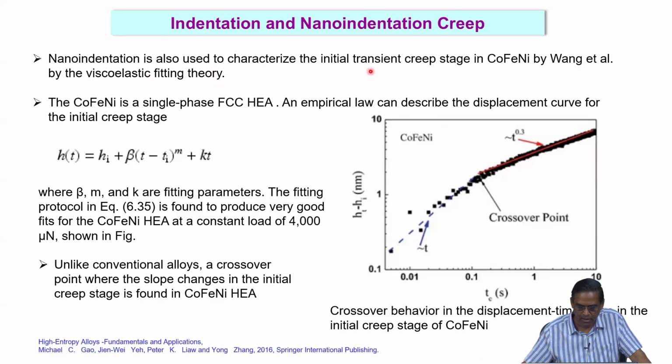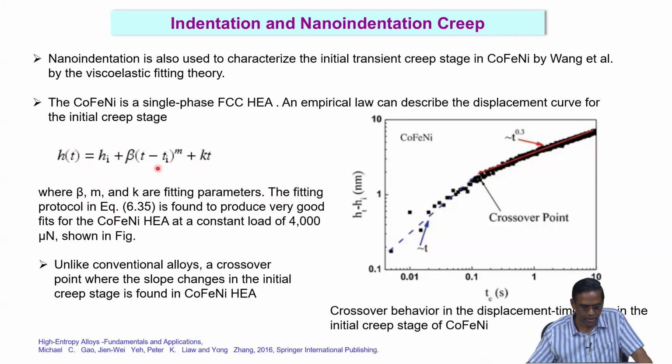So this is one way of looking at this data, like nanoindentation, the initial transient creep stage of any alloy. In this case, what we are showing is by Wang et al., what they have found. It's a viscoelastic fitting theory for high entropy alloy, an empirical equation describing the displacement curve for the initial creep stage as a function of time: h(t) = h_i plus beta t to the power m plus K t.